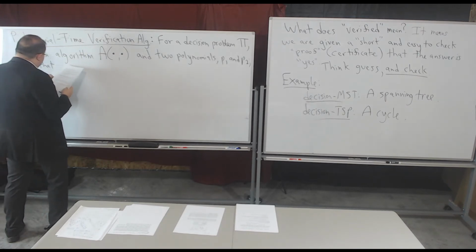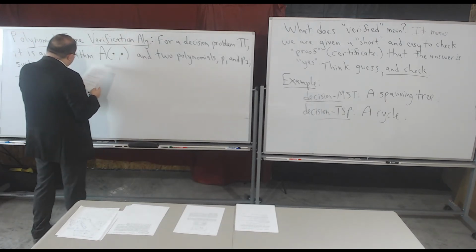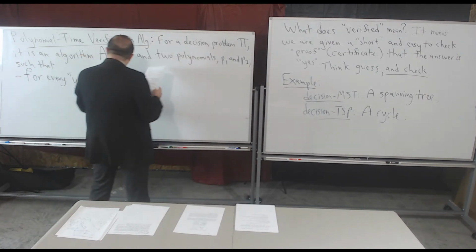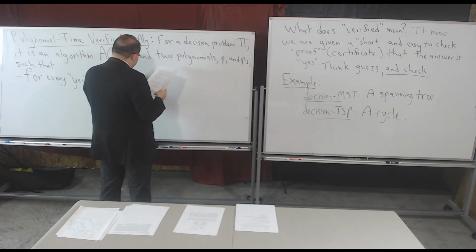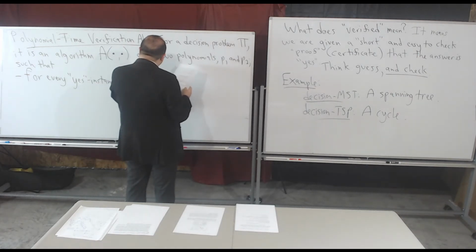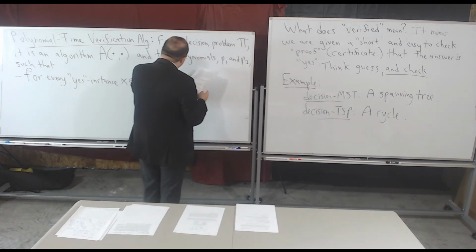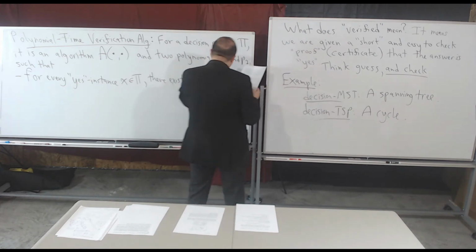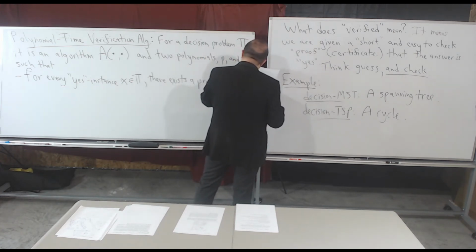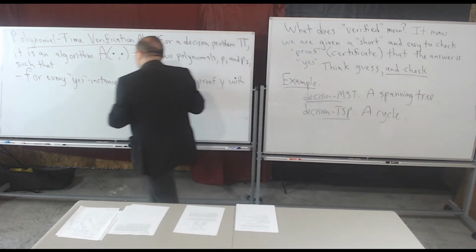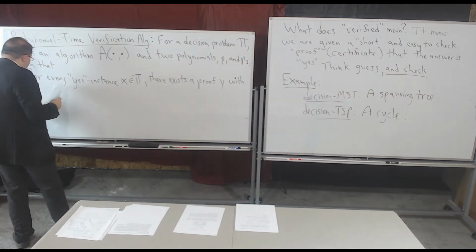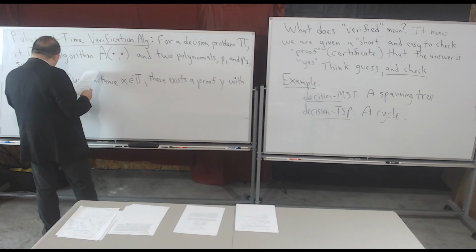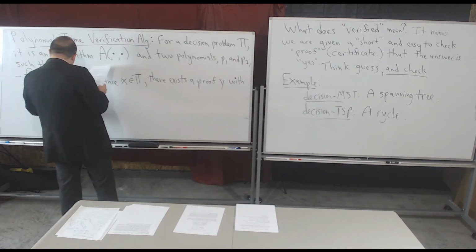for every yes instance x in pi, there exists a proof y where the length of y, the input size of y, is at most polynomial sub 1 of the size of x.